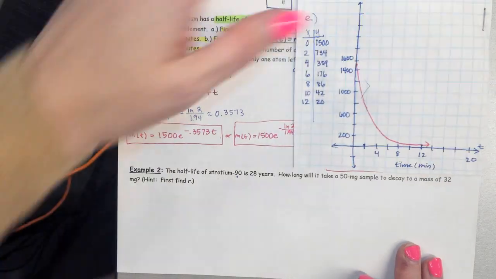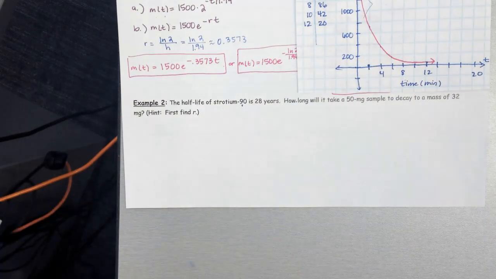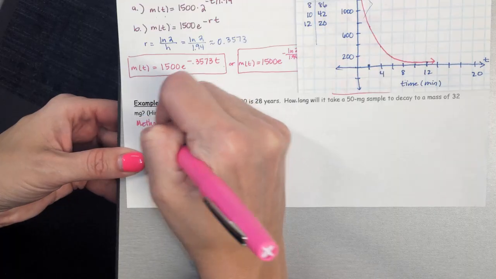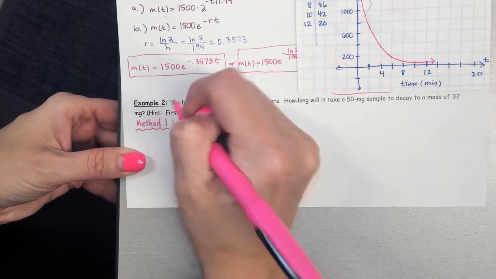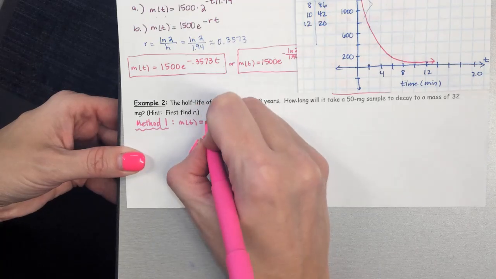All right, so as I am passing that around, in example 2, we are going to do 2 methods. So I want you to start with method 1, which is using that first function to solve.